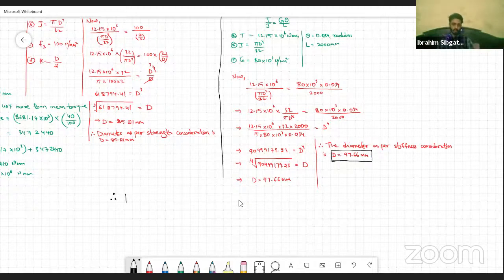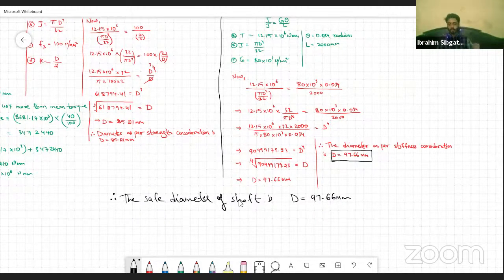So therefore, the safe diameter of shaft is D equals to 97.66 mm. That's it, guys. This is what the question was asking us to find out: calculate the safe diameter of shaft, which is 97.66 mm.